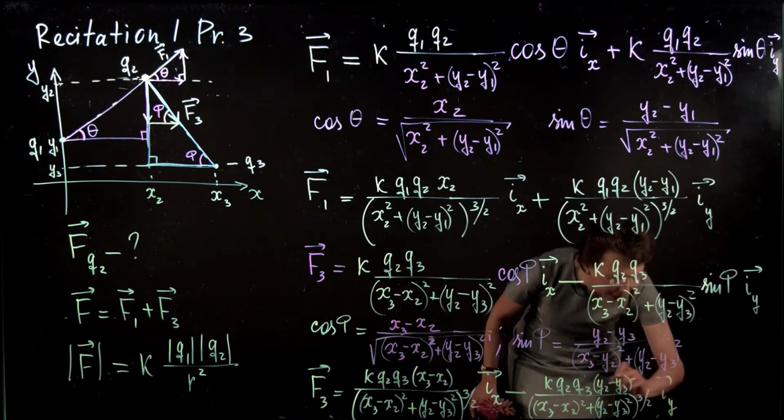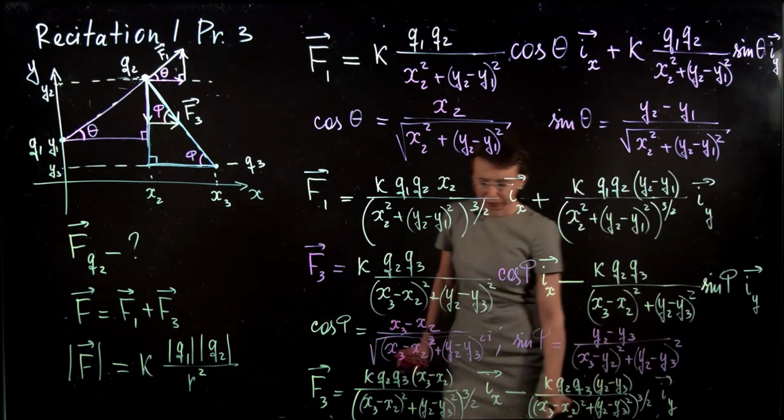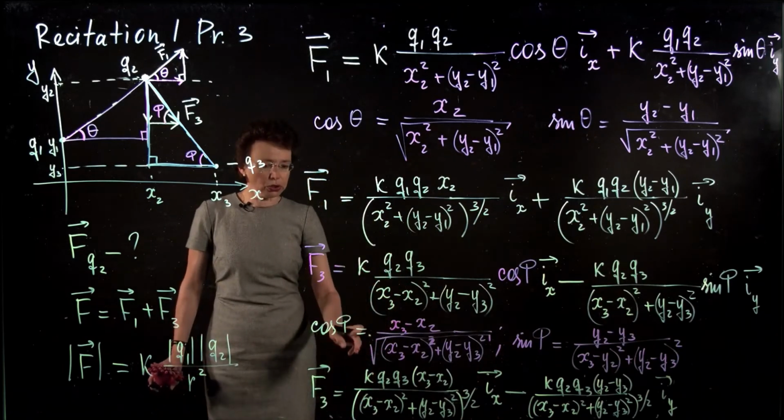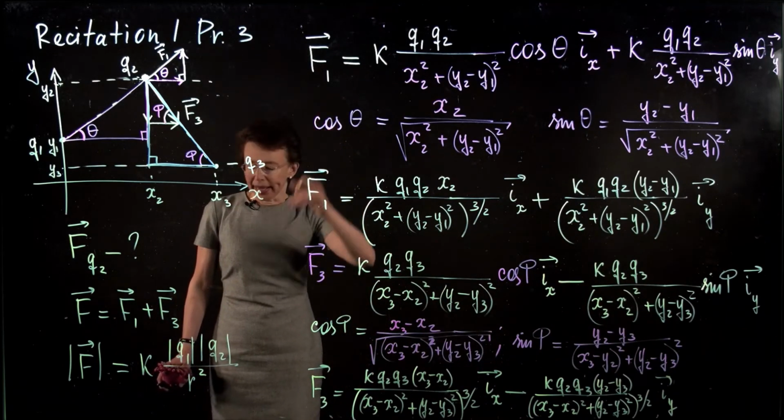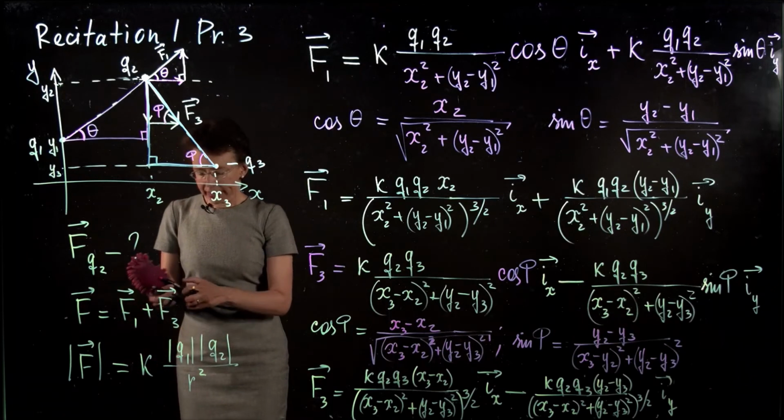I need to add iy. Iy is here. So all we need to do now is add F1 and F3 as vectors.